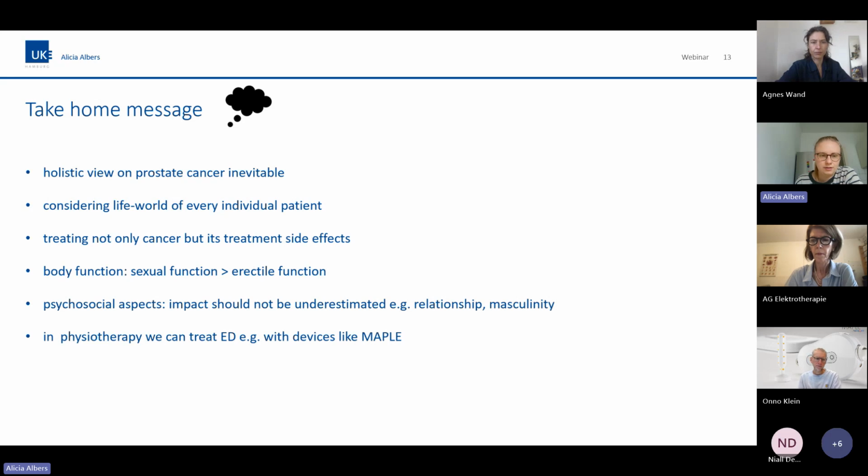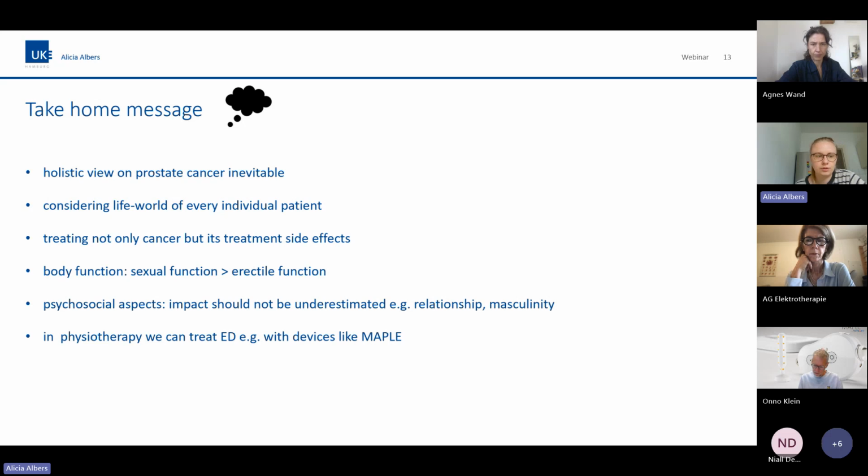I think a holistic view on prostate cancer is inevitable. It is very important to look at the lifeworld of every patient, which includes psychological and social factors. Even though cancer is considered to be life-shortening, the treatment side effects need to be seen and treated as well.